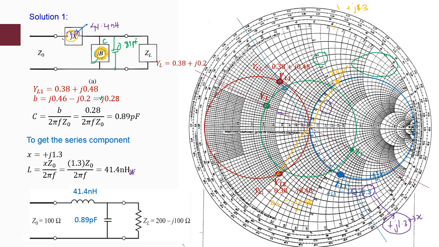This is the current position of ZL. To get it matched, you need to eliminate the imaginary part, so you need to introduce negative j1.3. So your X for the second solution, X2, will be negative. Then refer to the table again: if X2 is negative, what will the component be and what will the value be.